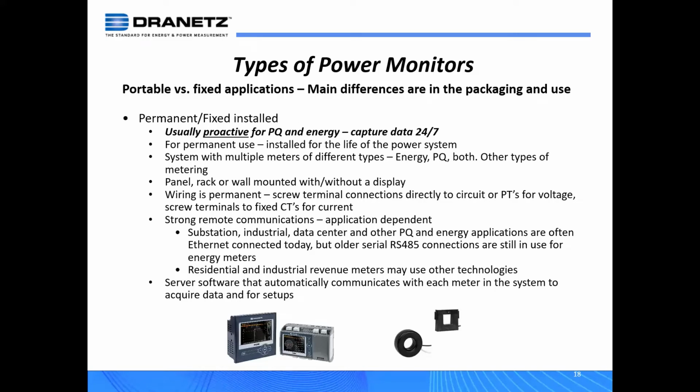And so the first step is obviously you want to monitor the power. If you're concerned that you could have a PQ event that can negatively impact you, then obviously you want to monitor for that. And of course, you want to monitor in what we call a 24/7 scenario. So you're monitoring 24 hours a day, 7 days a week. It's usually permanent. It's usually installed for the life of the system.